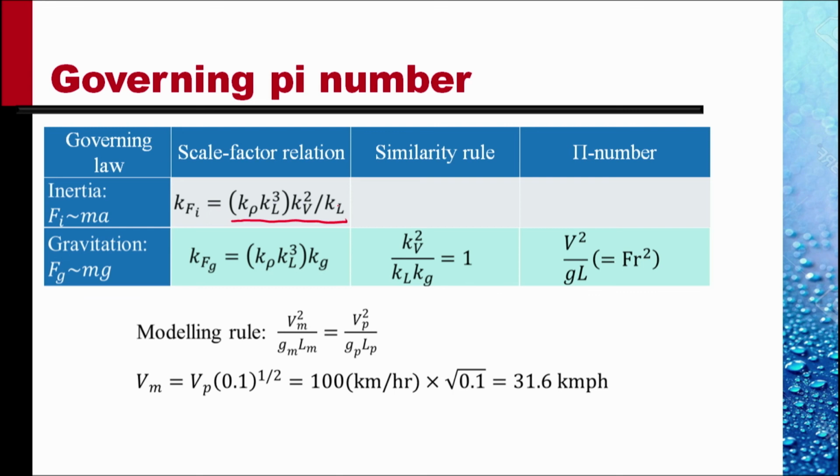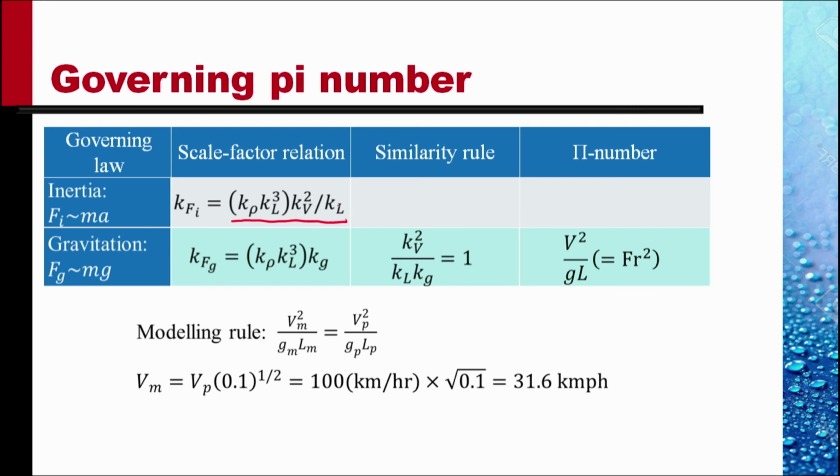Now, Lm by Lp is 0.1. So, the model speed is 31.6 kmph. Instead of 100 kmph for the prototype, we need to drag the model aircraft at 31.6 kmph.